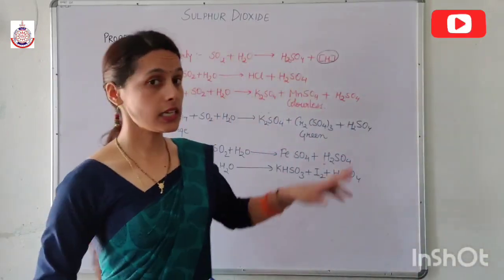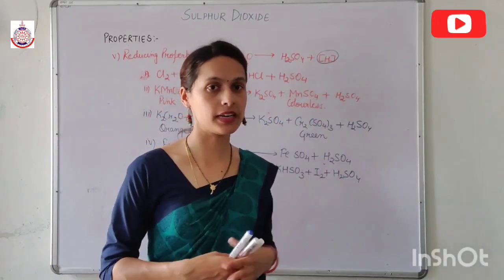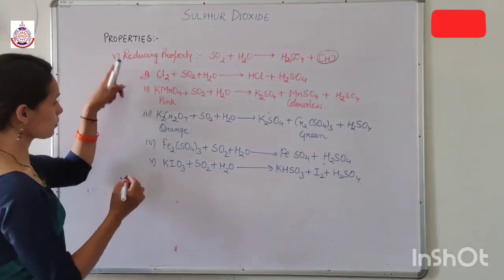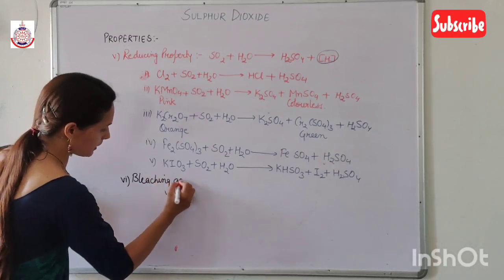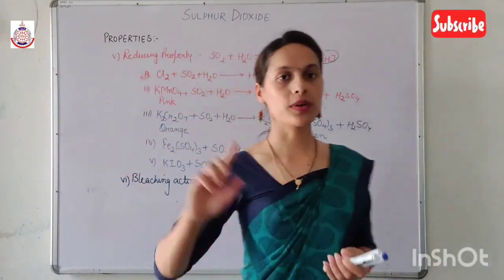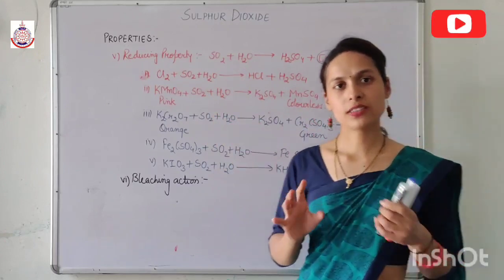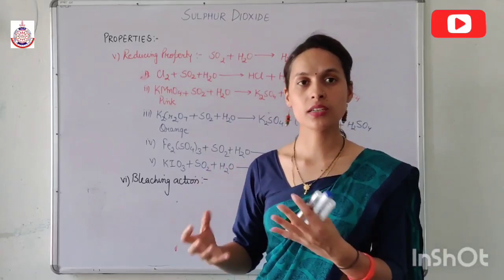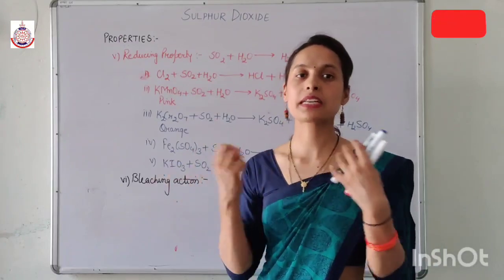Now because of the release of this nascent hydrogen, it shows another property, that is the bleaching property. So the sixth property is bleaching action. Due to the formation of nascent hydrogen in the presence of moisture, sulfur dioxide has a bleaching action. It converts the vegetable coloring matter into colorless matter.